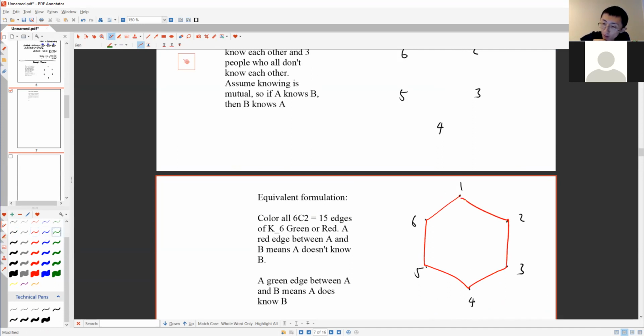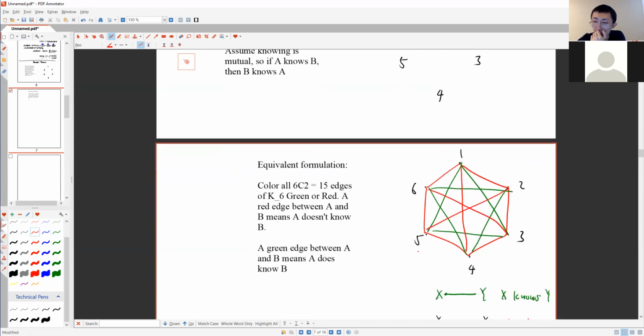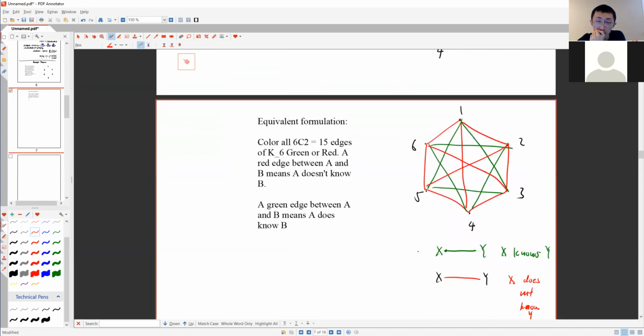No matter how I color the graph, there's always one red triangle or one green triangle. So yeah, how can we show this?